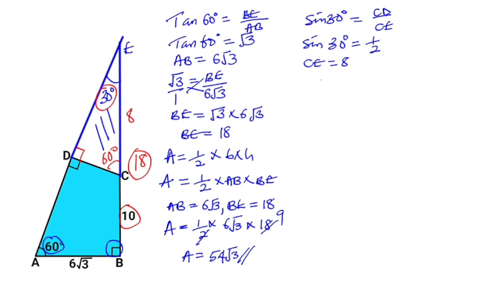Substituting these values gives us 1 over 2 is equal to CD over 8. By cross multiplication, CD is equal to 8 divided by 2. 8 divided by 2 is 4. Therefore, CD is equal to 4.